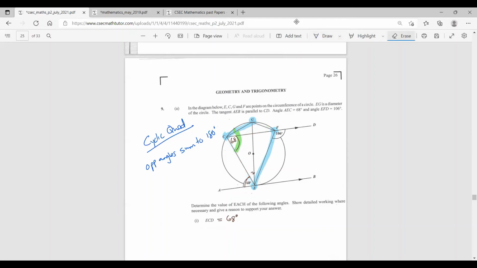So using all of that, we're going to now find out how much our CGF is up here, right? We know here is 22. In order for me to know what here is, I need to know what here is, the full thing, because I know that when I add these 2 parts in blue, they must give me 180.